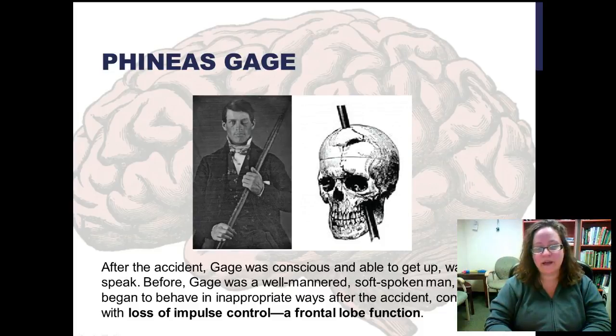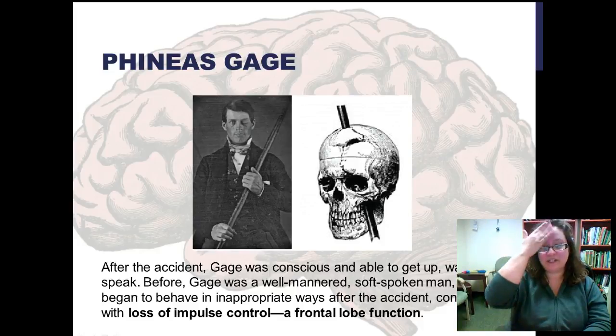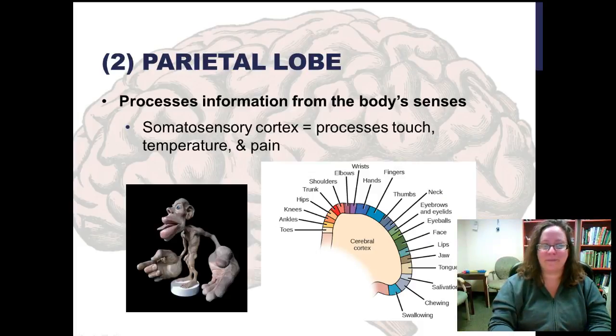That's pretty surprising. But then also that he had a lot of personality changes. He went from being a calm man to more of an aggressive person, and didn't really have good impulse control. So that told us that if you damage this frontal lobe, we're likely to see a loss of some of these important functions for self-control.